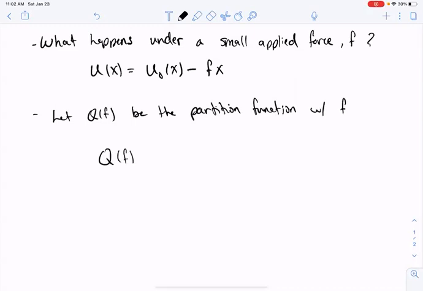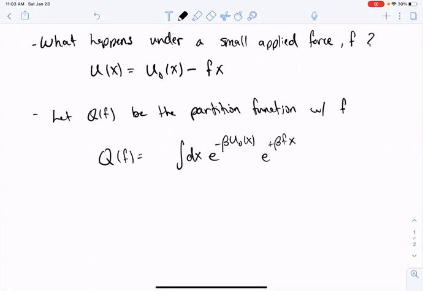As usual, if there is only one dynamical degree of freedom, in this case, the position of the particle, again, we're working in a classical limit where we don't have to worry about what the conjugate momentum is doing. That partition function will be given just by an integral over where the particle can be and a Boltzmann weight associated with the original potential and one associated with this constant applied force.